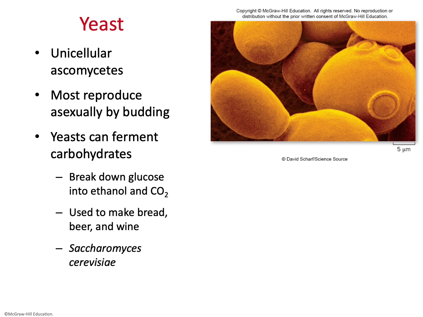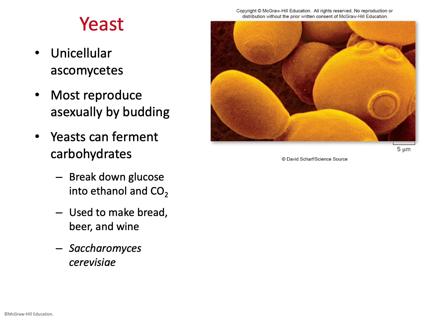And we all know that yeast is economically important as they have the ability to ferment carbohydrates, breaking down glucose to produce ethanol and carbon dioxide. This ability is used to make bread, beer, and wine, and many different strains of yeast are selected and bred for these different kinds of processes.